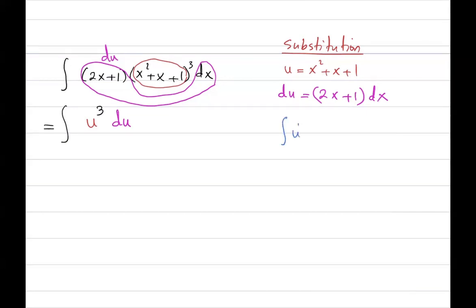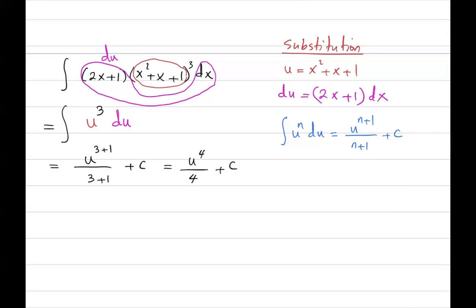If you have the integral of uⁿ du, it is uⁿ⁺¹ divided by n + 1, plus the constant of integration. So this integral can be written as u³⁺¹ divided by 3 + 1 plus the constant of integration, or u⁴ divided by 4 plus C. Are we done yet?